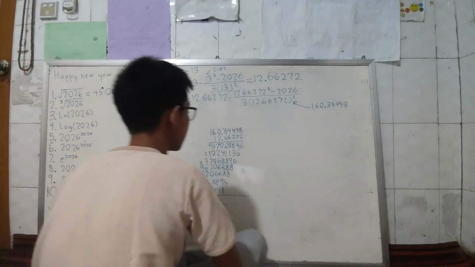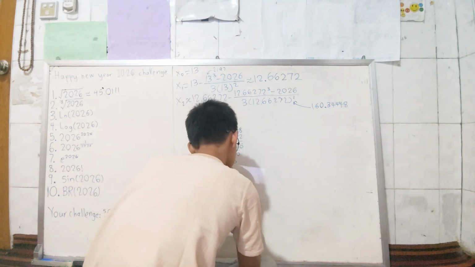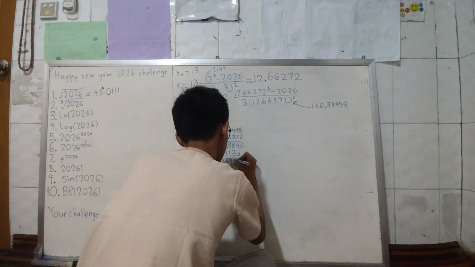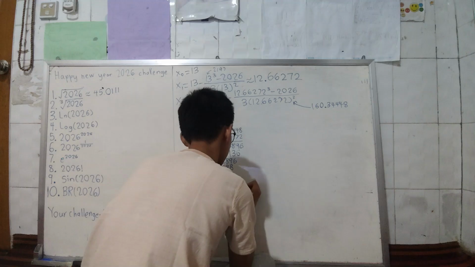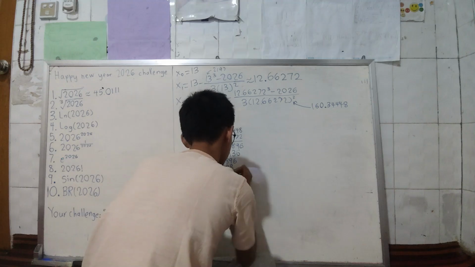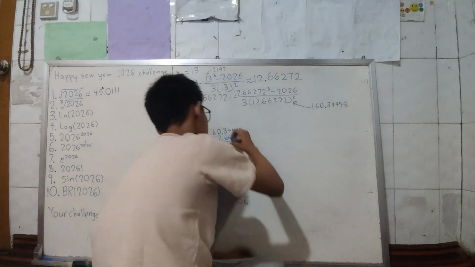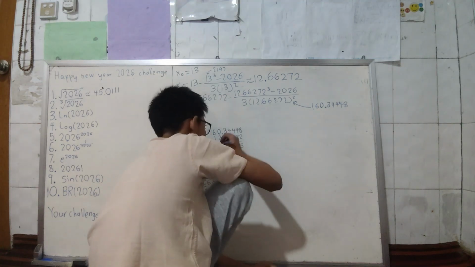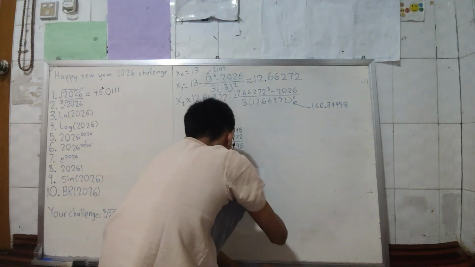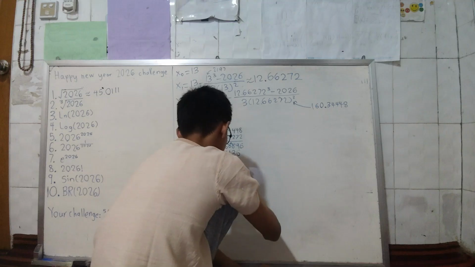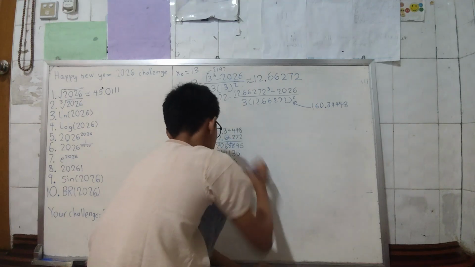Let me add again. 6, 15, and then see this is now that's gonna be 18. 8 plus 10. 10 plus 17 is 27. Put a line right there. 2.